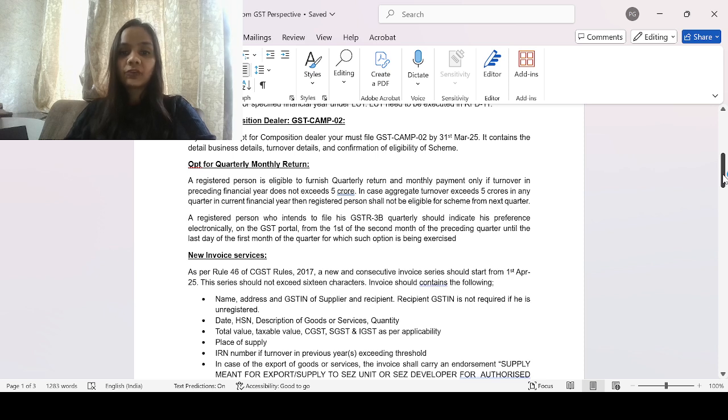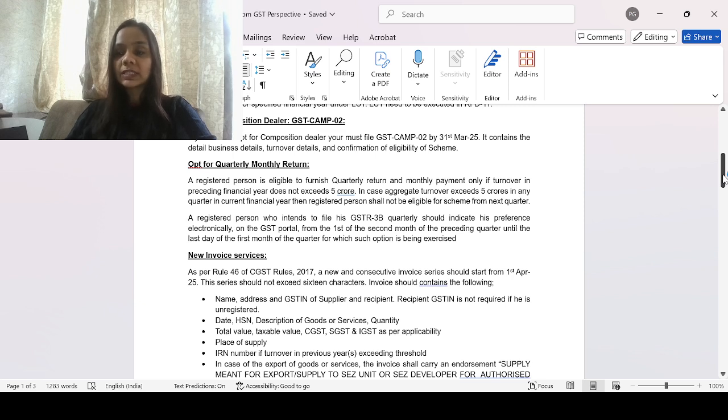Along with the invoice series, we should also focus on the components that need to be mentioned on the invoice, like the GSTIN of supplier and recipient, HSN, date, description of goods or services, quantity, taxable value, place of supply, and IRN number.